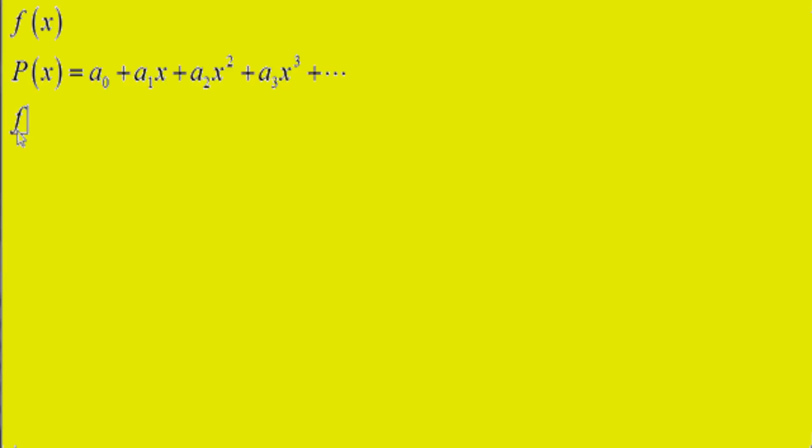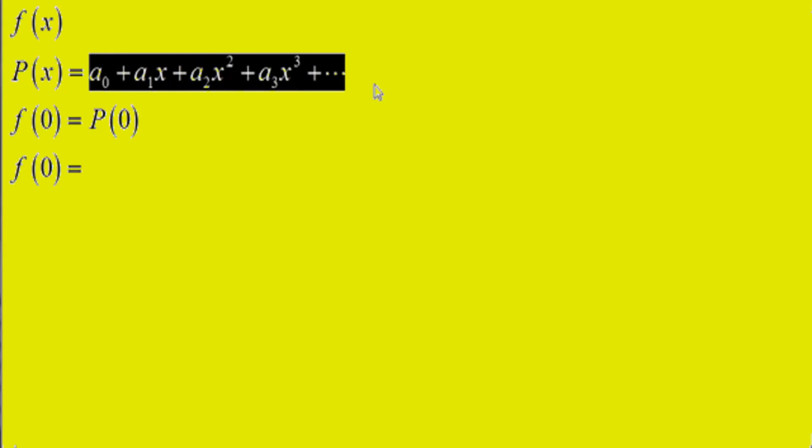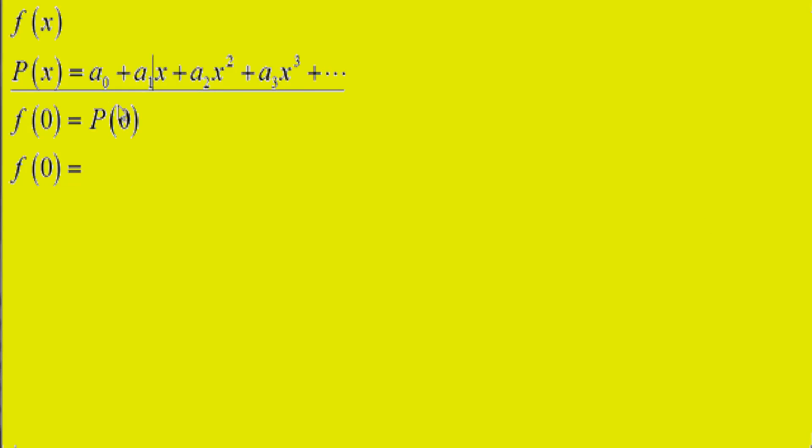So from our logic before, f of 0 equals the polynomial evaluated at 0. What does that mean? It means f of 0 equals what you get when you plug 0 into this infinite polynomial. There's an x in every term except the first term, so the only thing that survives is the first term, a0.